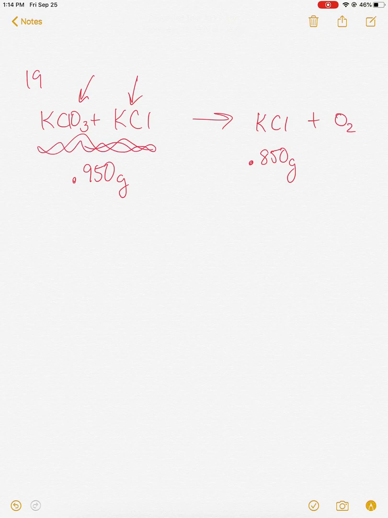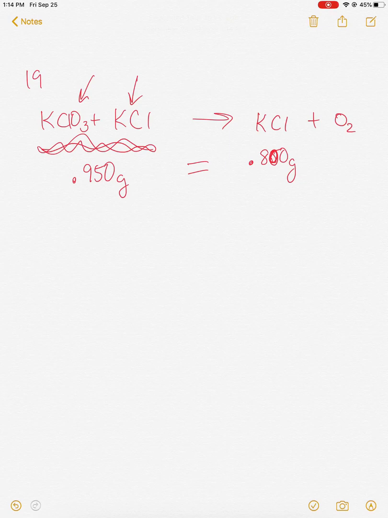So if this mixture is what we started with, the mass of the reactants must equal the mass of the products. And so, oops, I think I have a wrong number in there. To produce, this is supposed to be 0.00, I think.